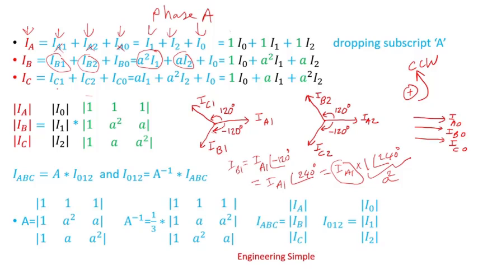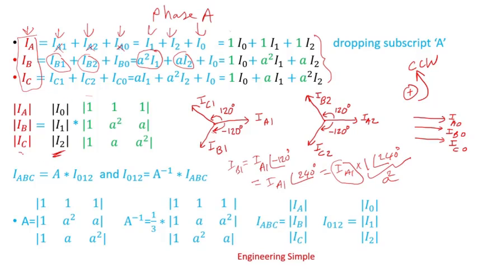So if I do the same thing for the C phase, I get these three results here. So then I can write this in a matrix format. So the vector of currents, IA, IB, IC is equal to the vector of sequence currents, because you see here I have I0, I1, I2.